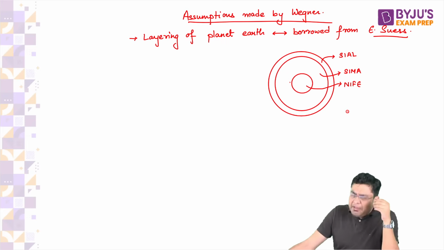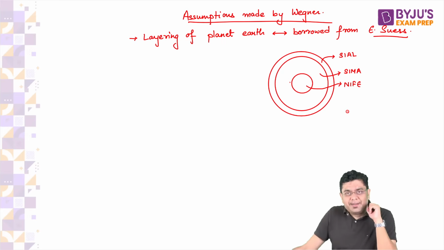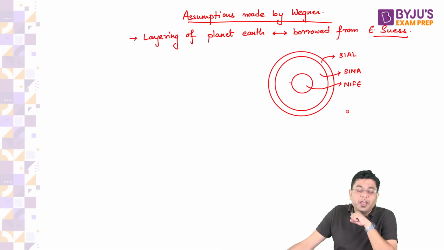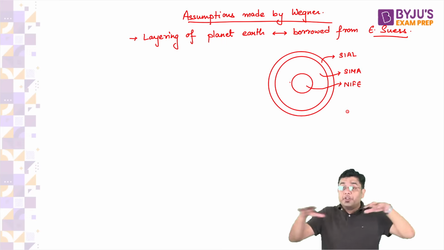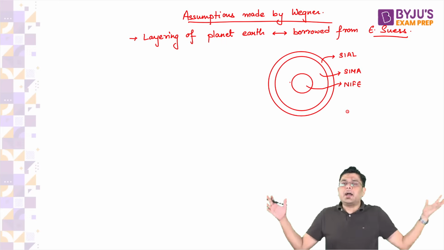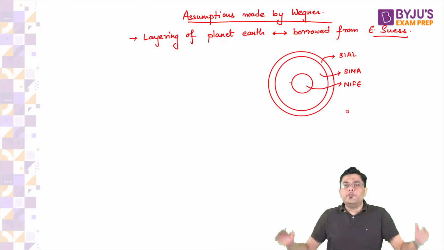But then, even if he would have assumed only till this point of time, even that would have made sense. But he went a step further. He went a step ahead. He said that the continents represent sial, all the continents, whereas the oceanic crust represents sima. And he further went on to say that all these continents are freely floating over the region of sima, just like how a boat floats on water.